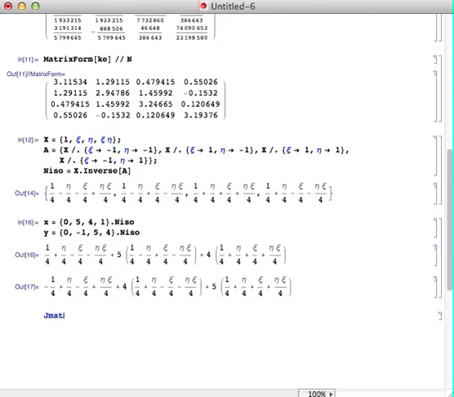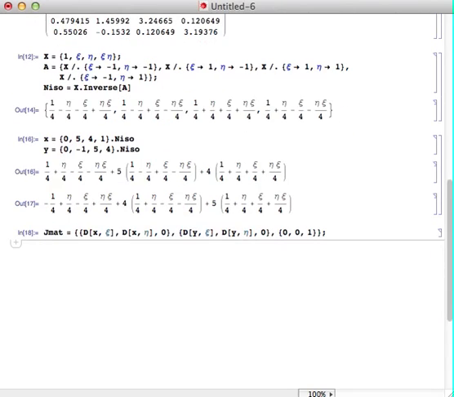So now we can determine that Jacobian matrix. Okay, so the Jacobian matrix is the derivative of x with respect to xc, the derivative of x with respect to eta, 0, the derivative of y with respect to xc, the derivative of y with respect to eta, 0, 0, 0, 1.